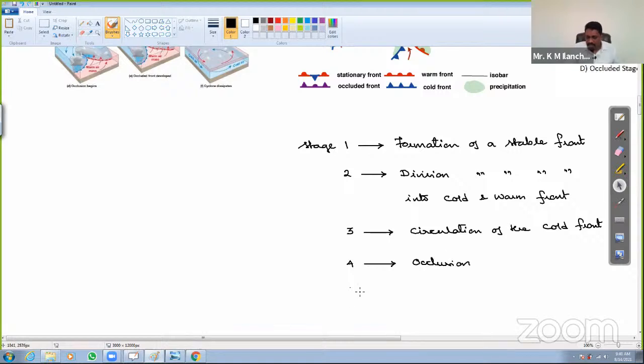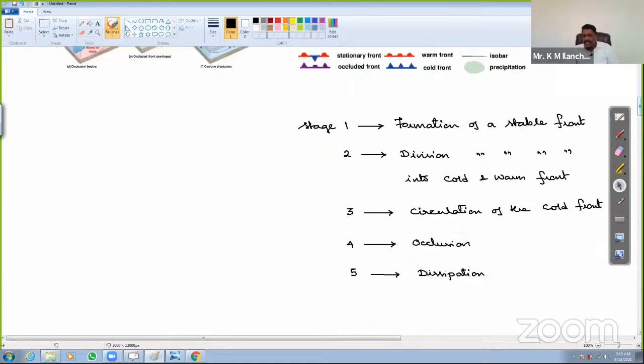And stage five is the stage of dissipation. See, few books say there are 6 stages, few books say there are 5 stages. Never mind about the number of stages.